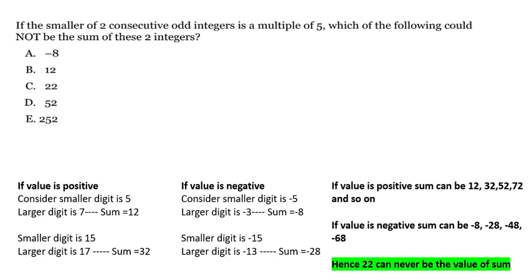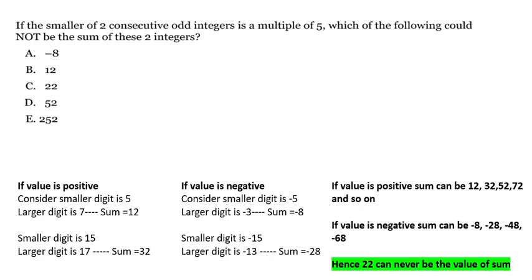Looking at the options, whether I consider positive or negative, 22 is not a possibility under any circumstances. I can get minus 8, I've seen minus 8 there. I can get 12, I've seen 12.